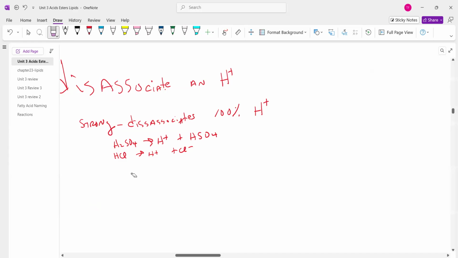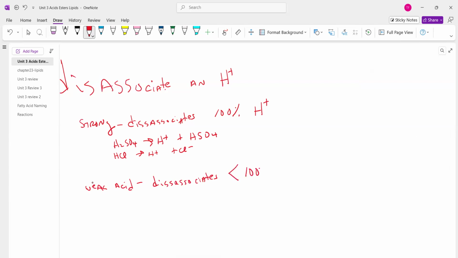Okay, if it's not a strong acid, it could be a weak acid. A weak acid still disassociates, but not all of them. Only part of the H's become disassociated.